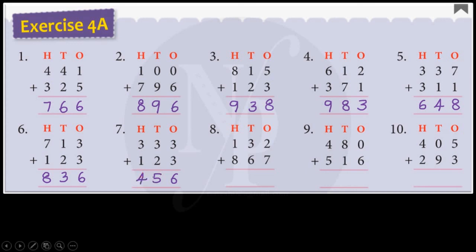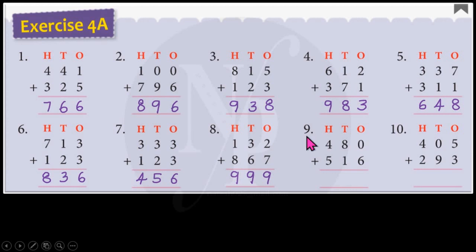456 is the sum. Coming to question number 8, we have 132 plus 867. Add 2 and 7 first. 2 plus 7 is 9. Write 9 in ones place. 3 plus 6 is 9. 8 plus 1 is also 9. 999 is the sum.